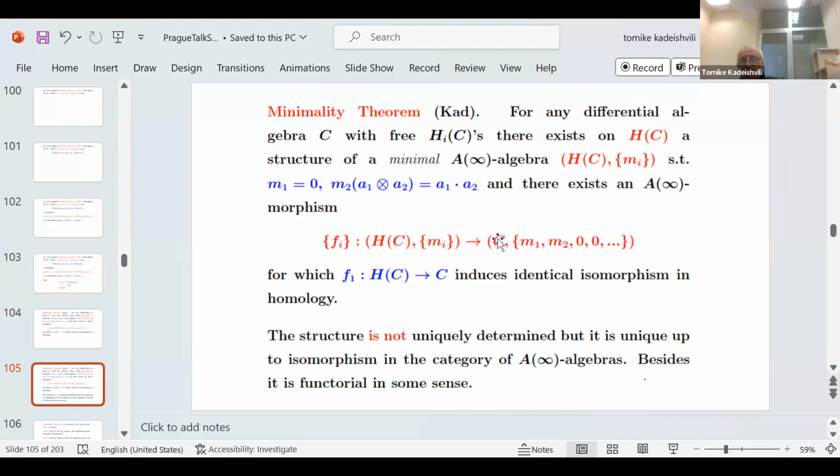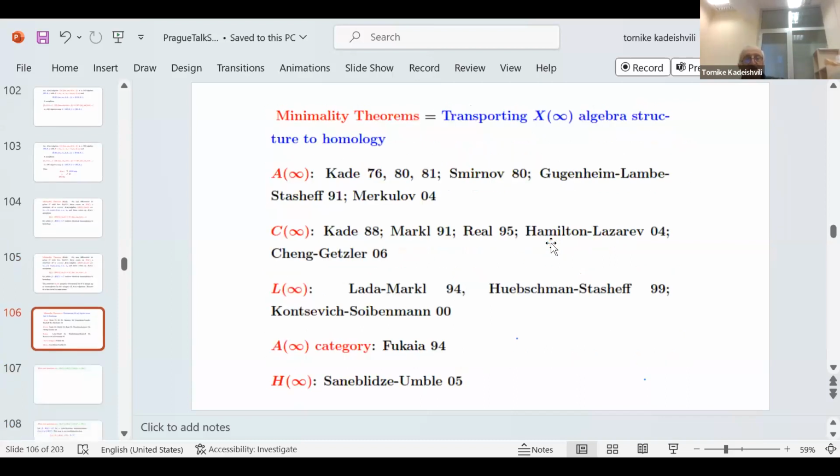There is some freedom, but this freedom is guaranteed up to isomorphism, and there is some sort of functoriality. This is the minimality theorem, transporting an A infinity algebra to homology. After Stasheff appeared plenty of different infinities. These are what?